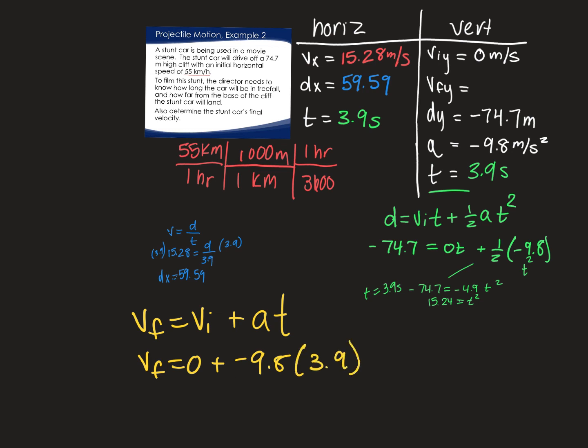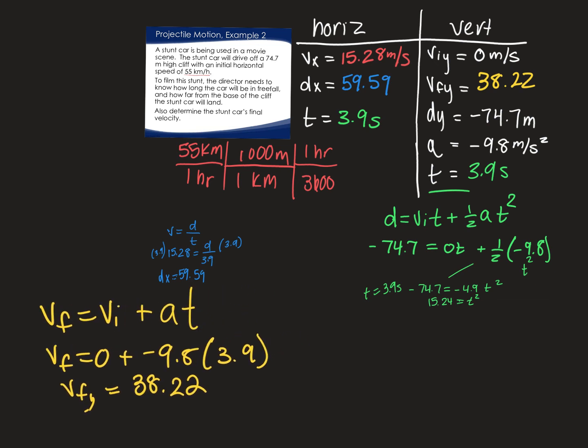So we're just going to do negative 9.8 times 3.9. So our final vertical velocity is 38.22. So let's now find our final overall velocity, not just vertical.